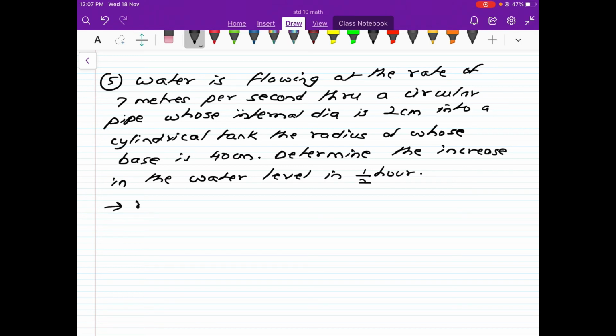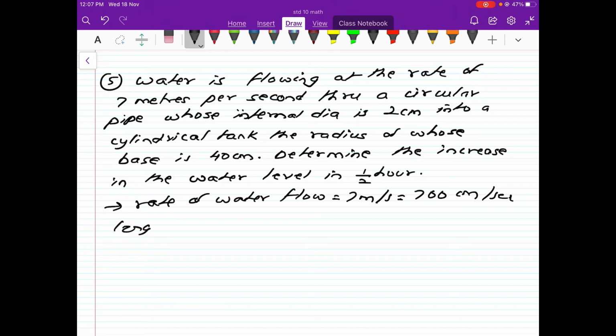So rate of water flow is given as 7 meters per second. I'll have to convert it into centimeters because all other calculations are in centimeters. So it is 700 centimeters per second. Now the length of the water column, because when it starts flowing, it will fill up a column.